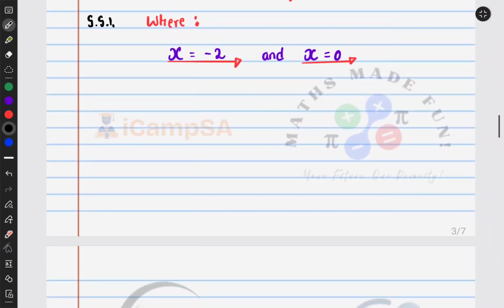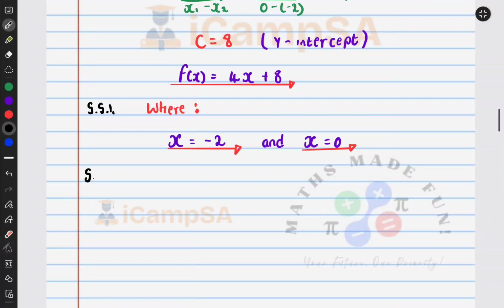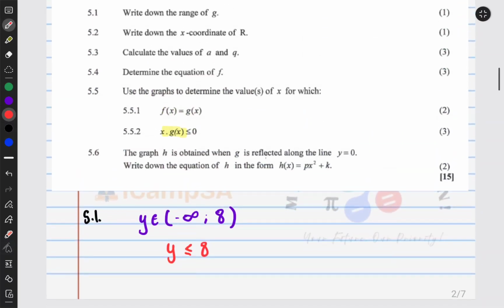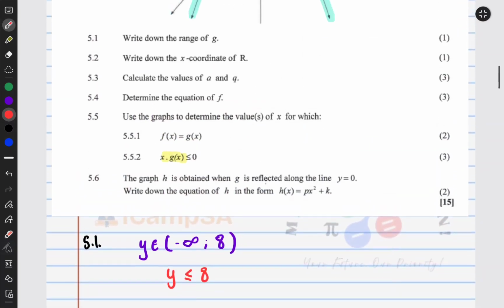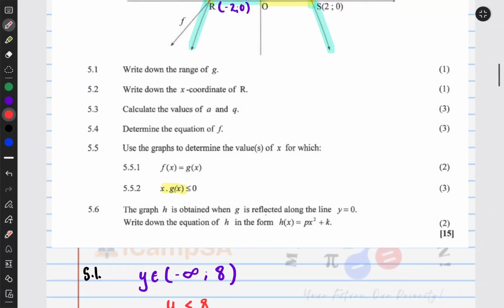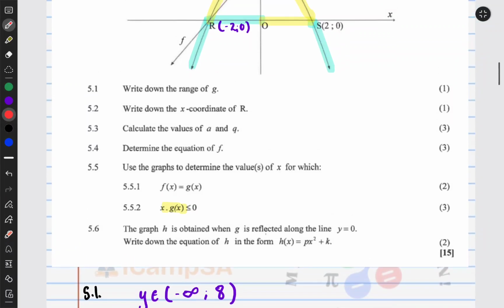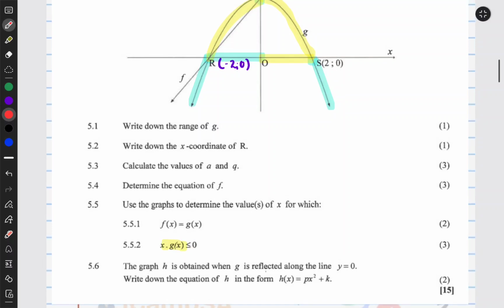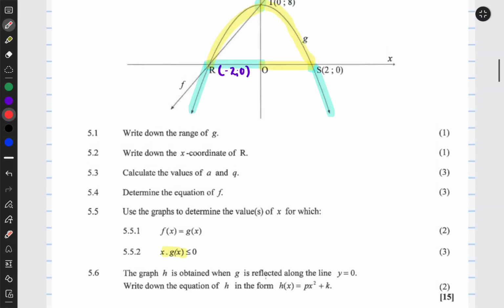So for 5.5.2, the first interval is going to be where x, oh wait a minute, I think I made a mistake here.